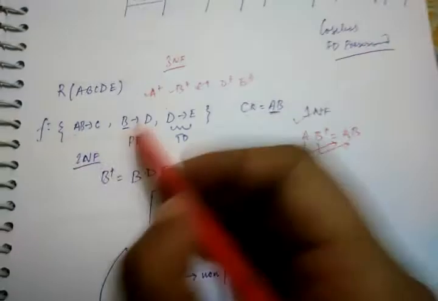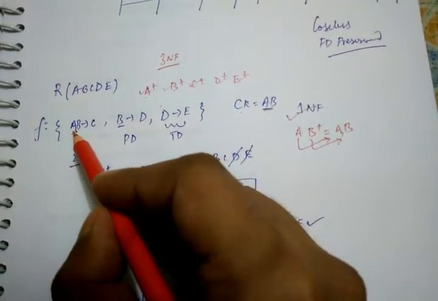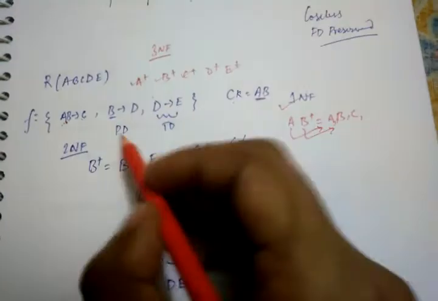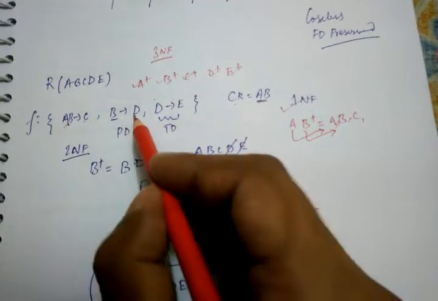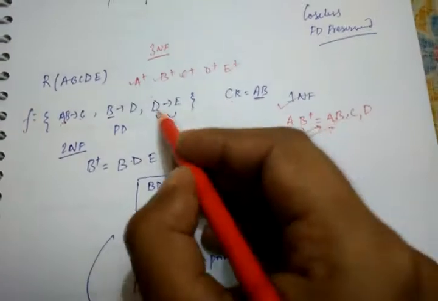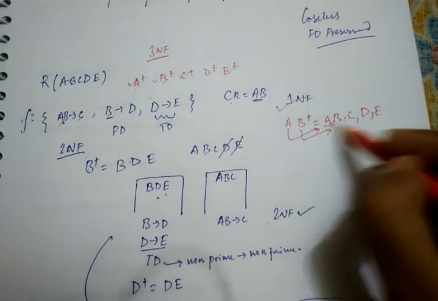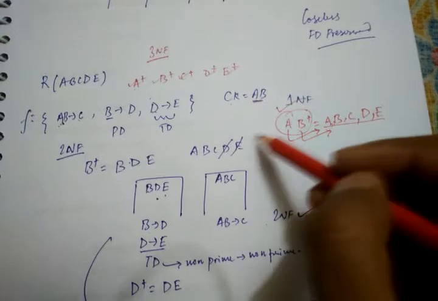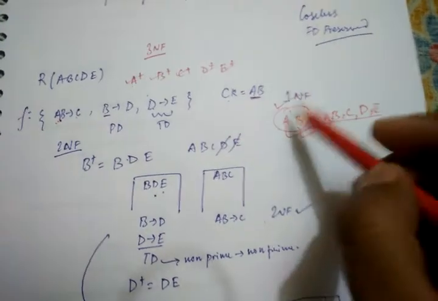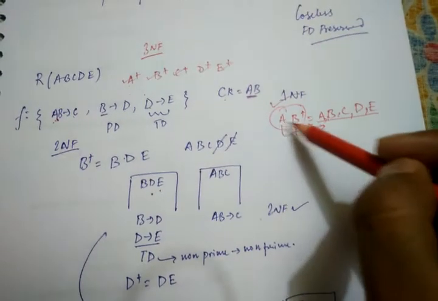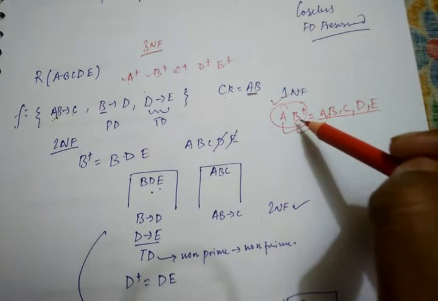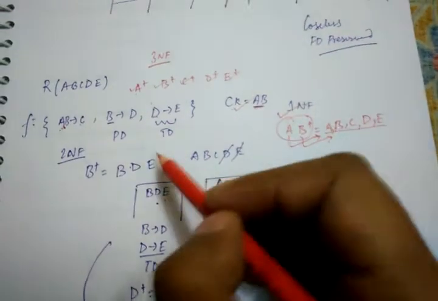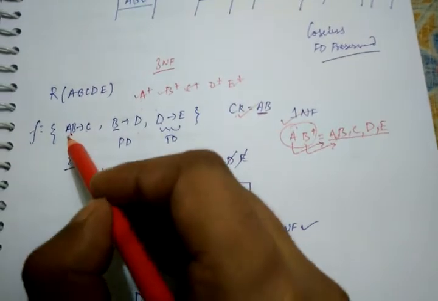And now when we have AB, then we can get C. And from B we can get D, and from D we can get E. So all the values we are getting from AB. By finding the closure for AB, we got all the values. So AB is the candidate key here. AB will be our candidate key.